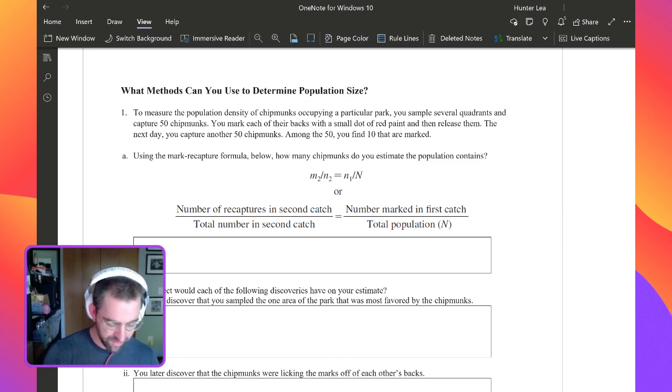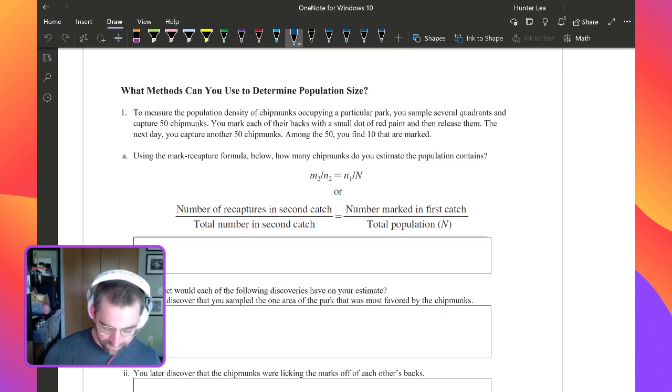Let's define some of our variables here. N1 is the number that we marked in the first catch, and capital N is the total population. We don't know the total population number. We are trying to infer that number based on the number we captured on the first survey and the number that we recaptured in the second, that subscript 2.